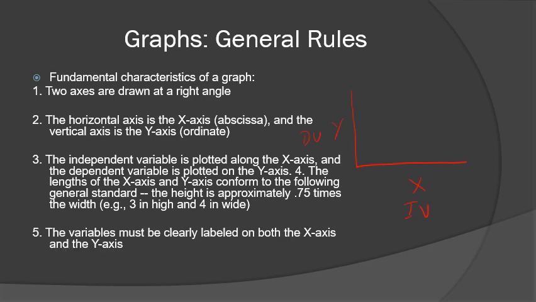The variables need to be clearly labeled on both the X and Y axis. So let's say we were looking at anxiety's effect on performance. We would label this as anxiety. And we'd have to have them labeled, let's say we were on a 1 to 7 scale for anxiety, and the performance was a 1 out of 10.